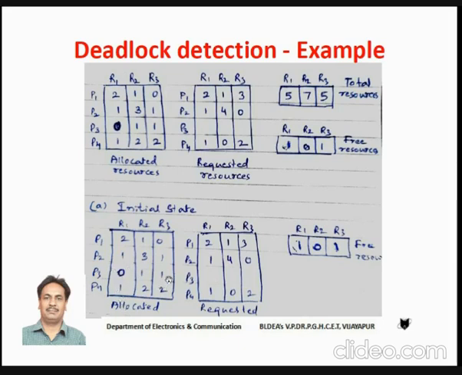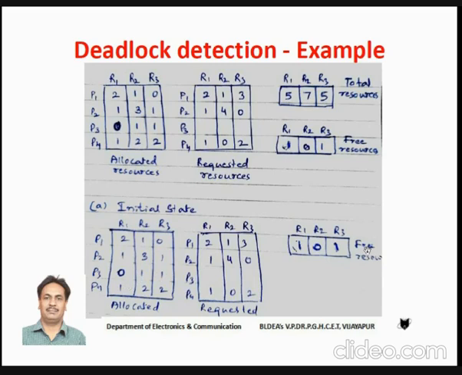Once process P3 completes its execution, the resources which were allocated to P3 will be added to the list of free resources. Can you tell me what will happen when process P3 completes its execution? What about the update in the free resources? Can you tell me, students? When P3 completes, R2 and R3 resources are released, right?